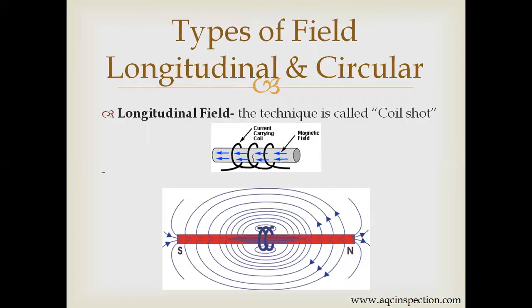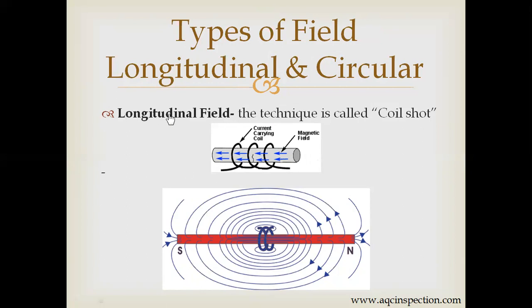Types of magnetic fields are longitudinal and circular magnetic fields. For MPI testing, we use either a longitudinal magnetic field or a circular magnetic field, and sometimes we use both.